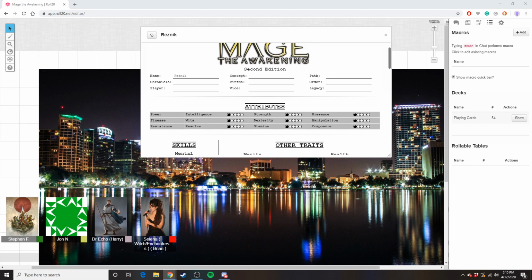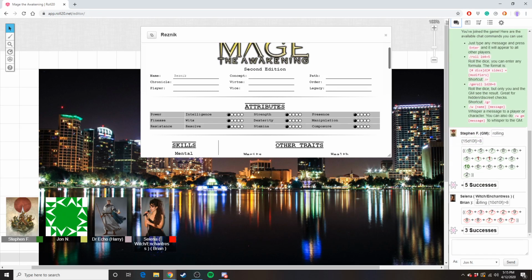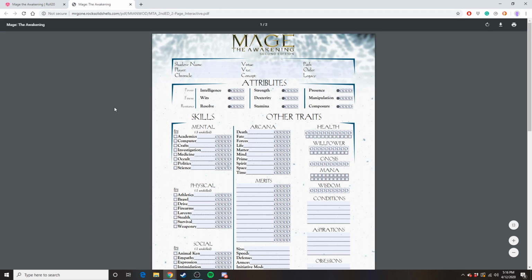And the exclamation point means that you reroll on 10s, or 10s explode. Oh, that's just this character sheet that somebody posted up. Okay.